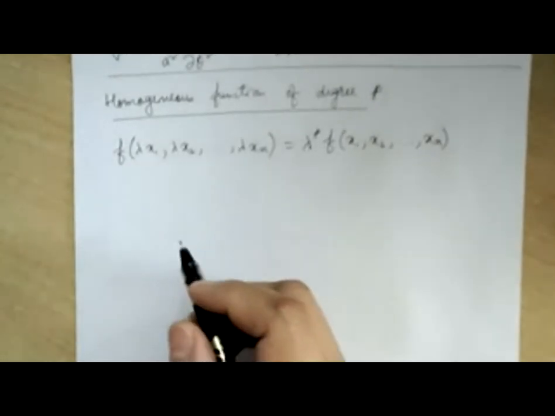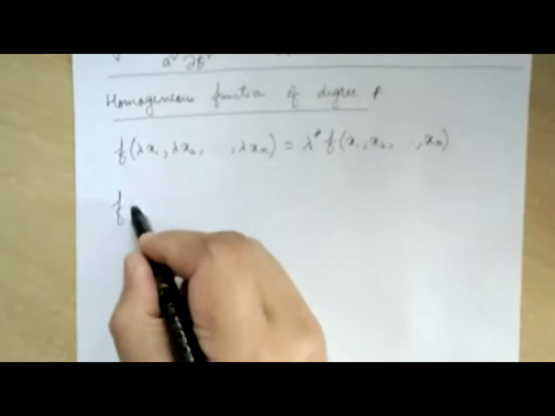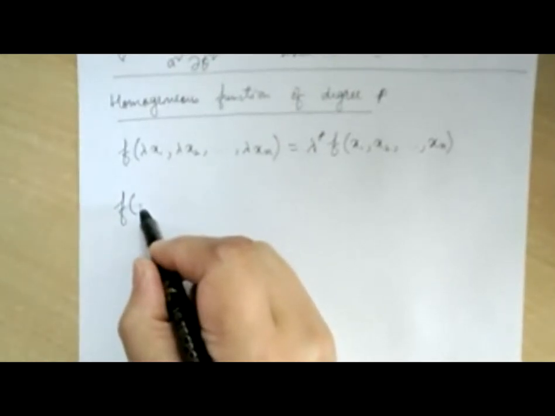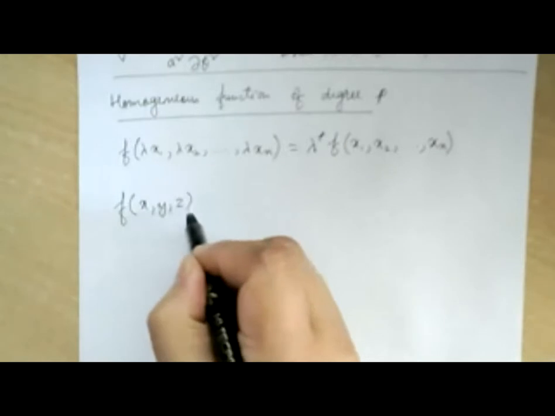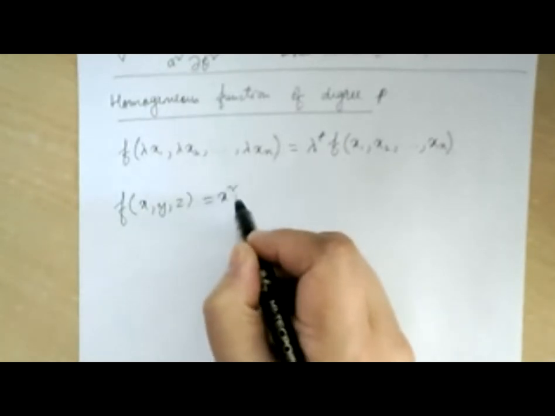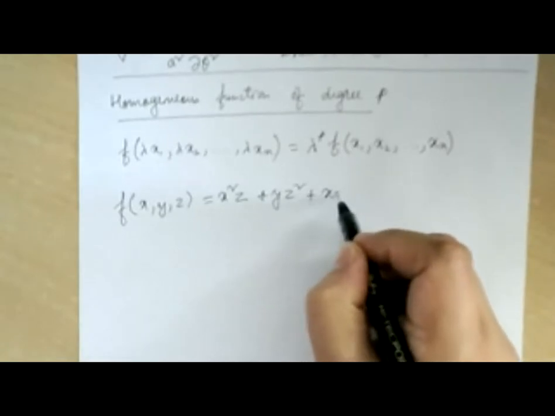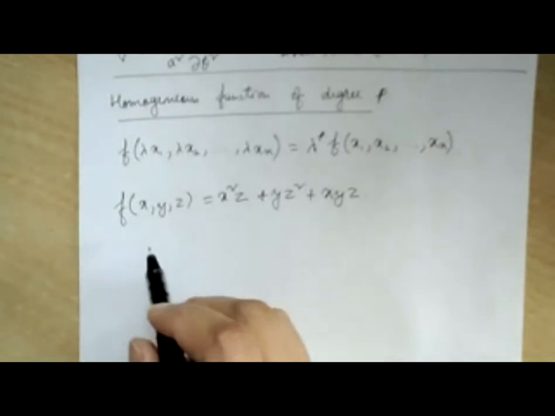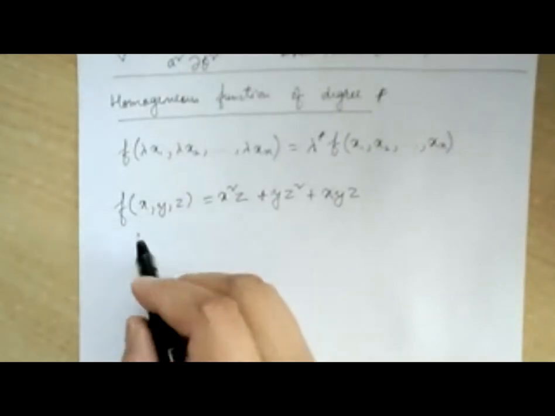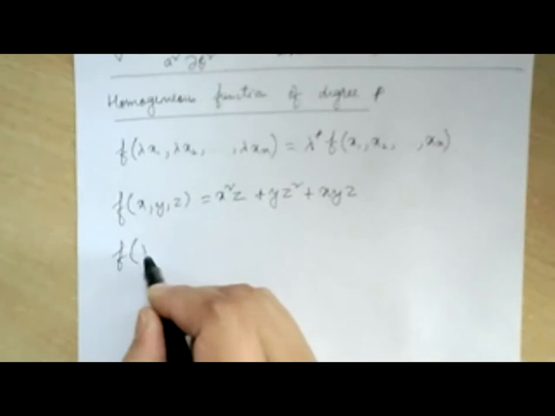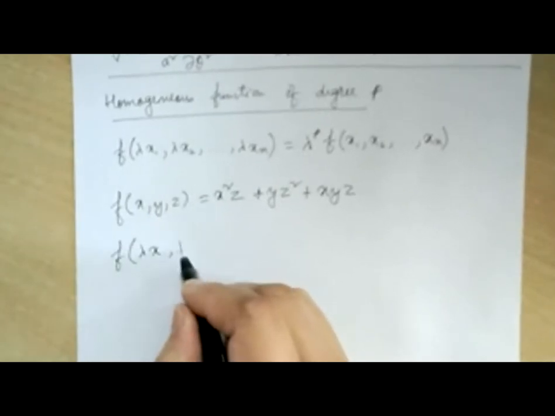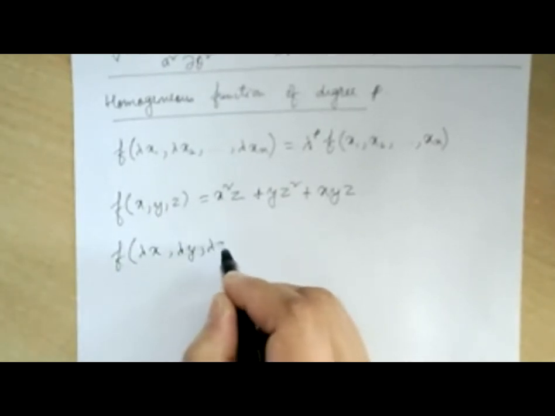Example. Let us consider this function f of x, y, z equal to x square z plus y z square plus x y z. Let us check whether this function is a homogeneous function or not. So we calculate f of lambda x, lambda y, lambda z.